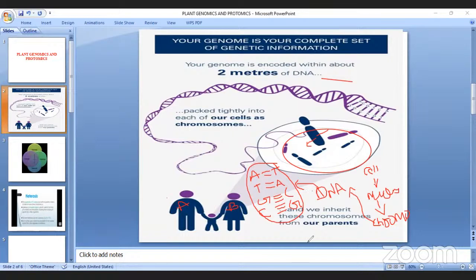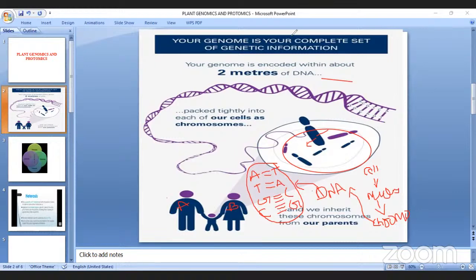Let's see in the next slide more clearly about genomics. First, remember: the entire set of genes in an organism is the genome, but the response to the environment is called genomics.